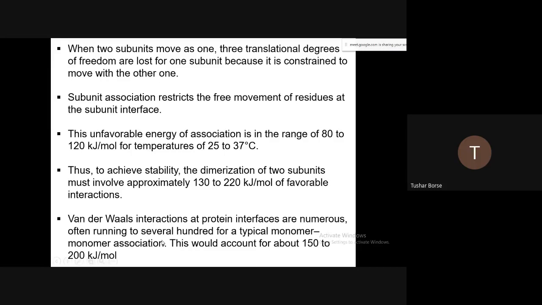Okay. So this van der Waals interaction itself could account for around 150 to 200 kilojoules per mole. So if that much energy is associated with the van der Waals interactions, that energy is more than sufficient to overcome this unfavorable energy of association, right? And that is why we can have proteins in their quaternary structure.